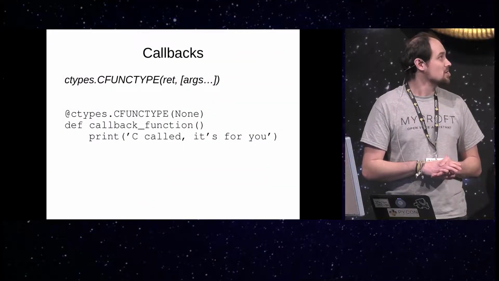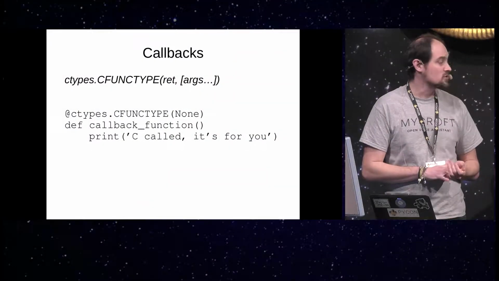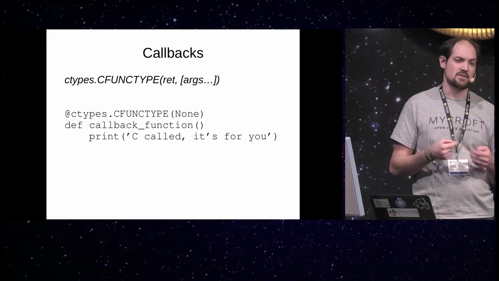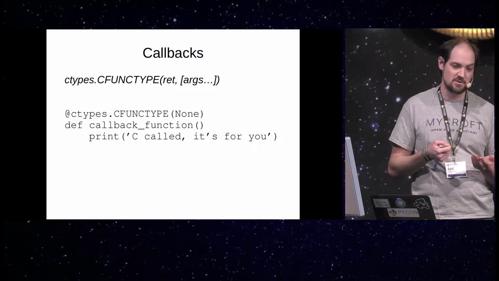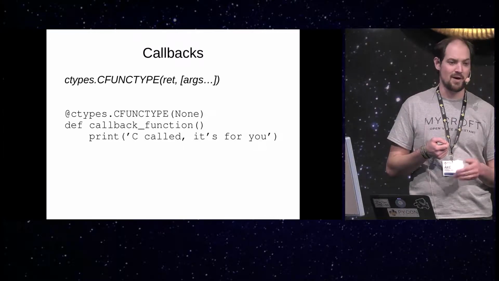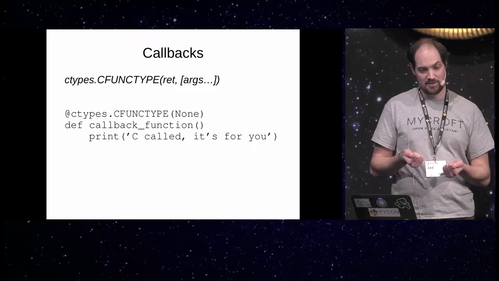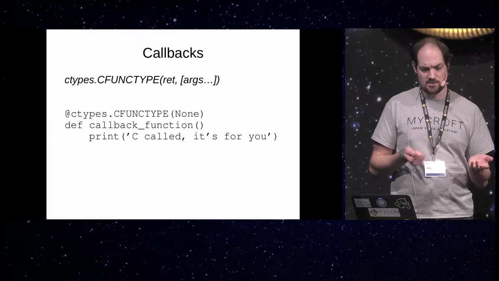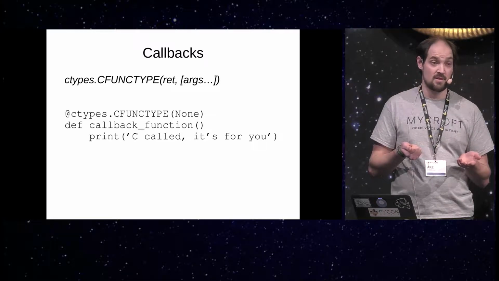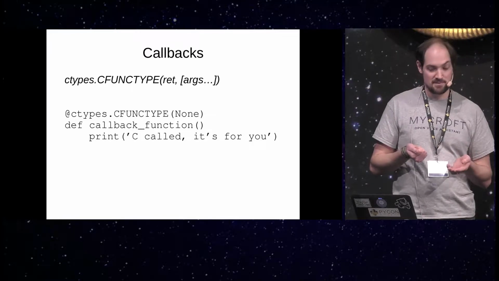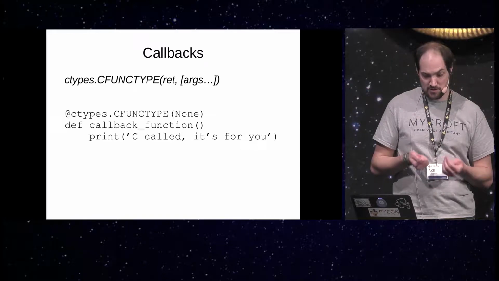Then we have the third tricky thing with C, callbacks. So in C, you can send functions to other functions, so they can do a callback. And this is usually quite tricky to get right, at least for beginners.